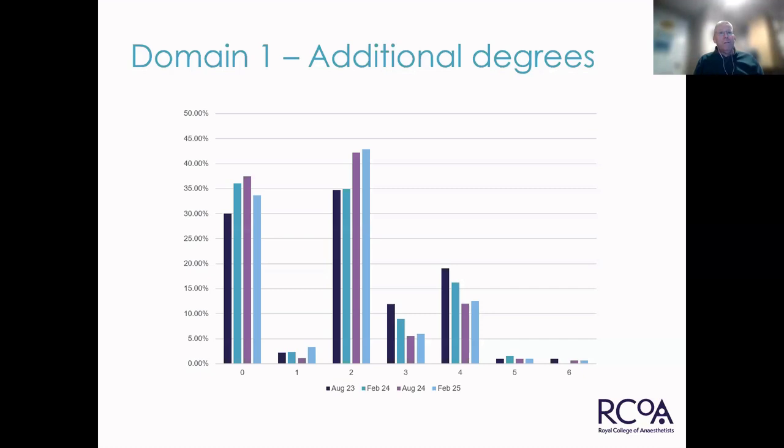So you'll see there that the majority of people for additional degrees, a lot of people are scoring no points or 2 points. There are very few who are up there with a full MD or PhD. But there are a considerable number as well who have something additional, for example, the MRCP. This gives you a good idea, I think, of where things are scored and where you fit into that scoring.